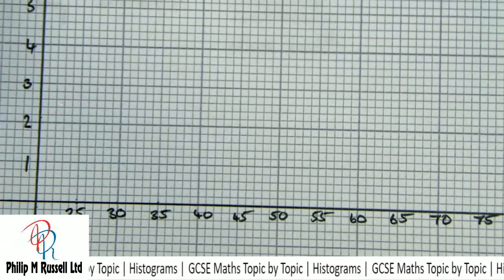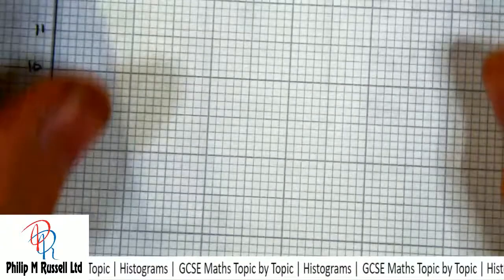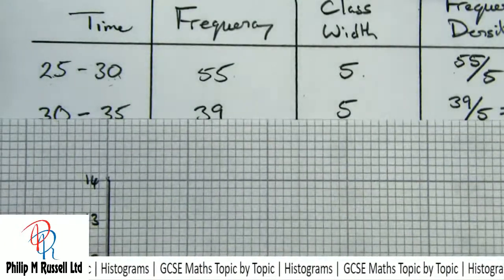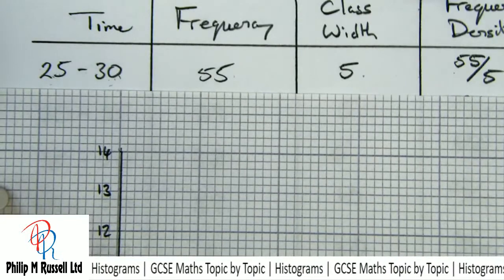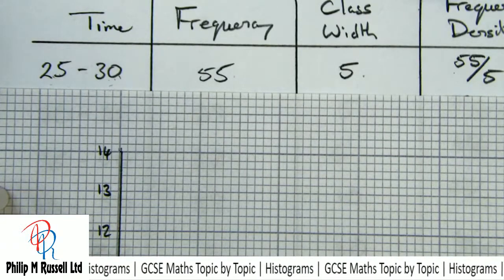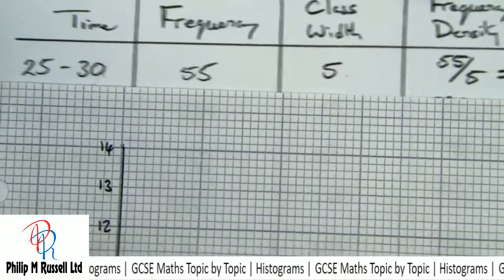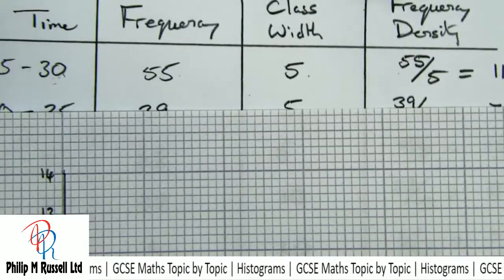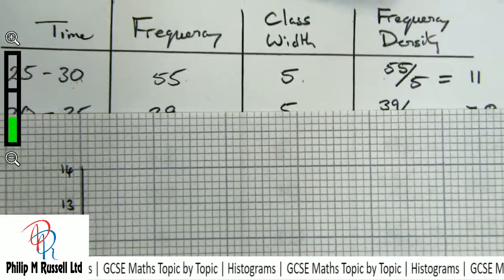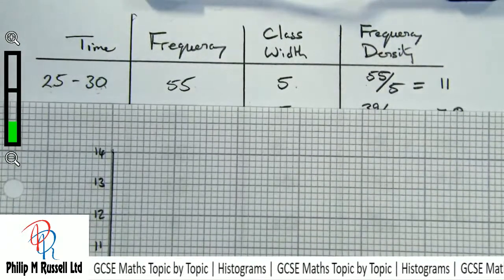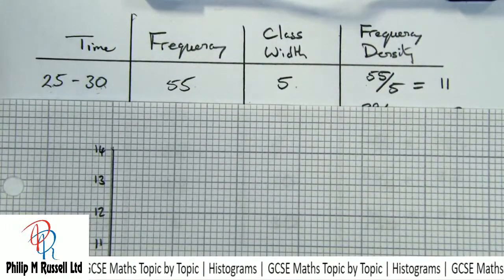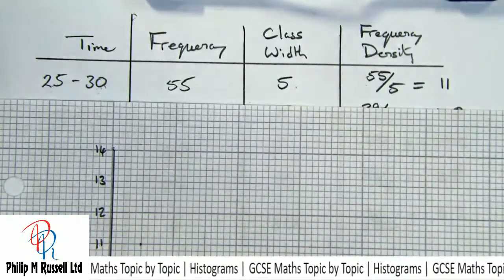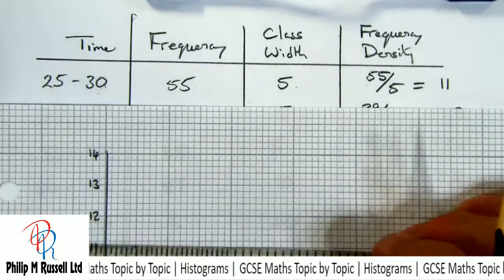Our first set of data is we're going to start from 25 to 30, so that's going to be its width, and we're going to have a frequency density of 11. I'll zoom out just a bit so you can see that. Right, so we're going to start at 25 and we're going up to 11, and so I'm just going to draw the ruler along the top.